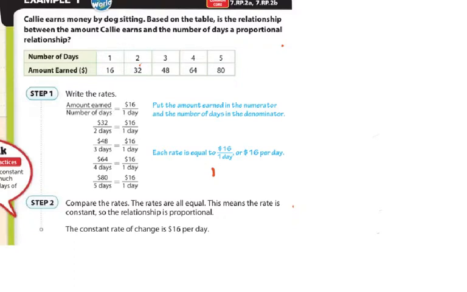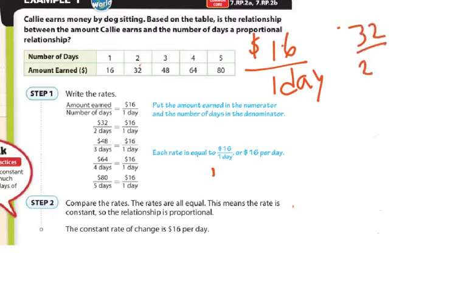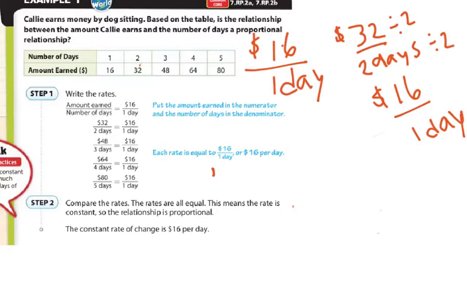And for 2 days, she earns $32. And so if you see the math down here, I'm saying that she earns $16 for 1 day. And I've got to find out if that is equivalent or proportional. Equivalent and proportional mean the same thing, to $32 for 2 days. And so if I simplify this, I can divide by 2, and that equals $16 per 1 day. So these two are equivalent and proportional.